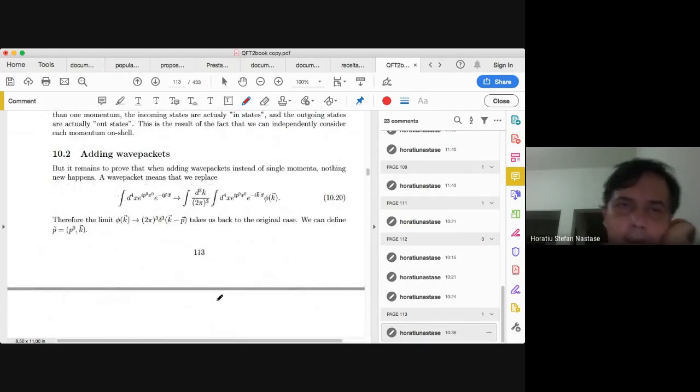So the next step is to think about how to add wave packets instead of having a single momentum. So we started with just a Fourier transform, meaning that the correlation function was of a given momentum p.